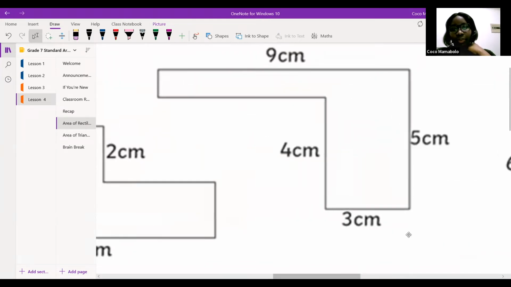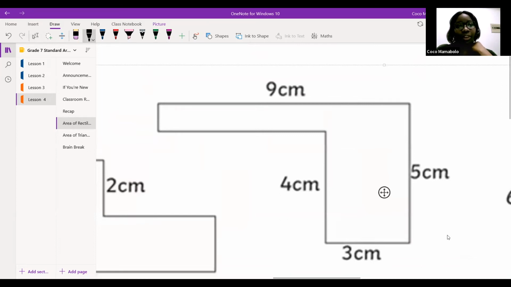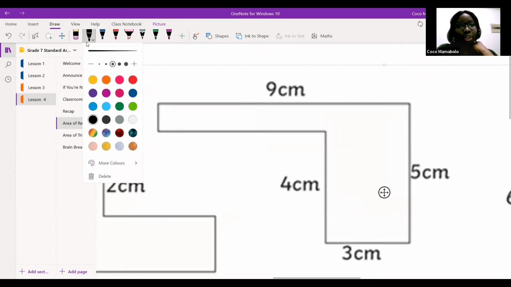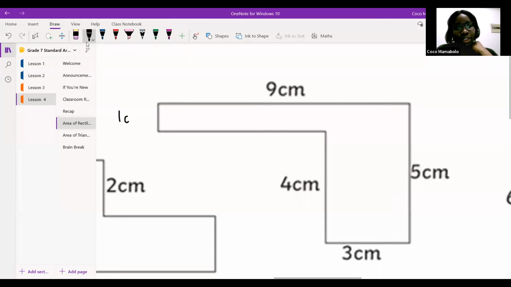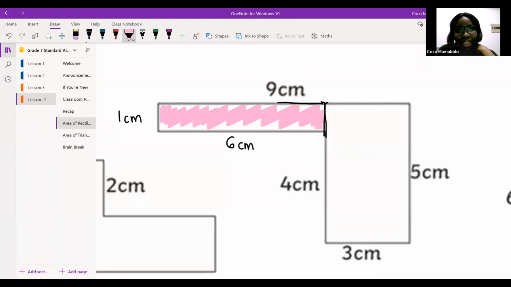So, Emi, here's what's going to happen. If I split this, remember, we already calculated that this side over here is 1 centimeter. And this side over here is 6 centimeters. Now, if I split my rectangles here, this rectangle cannot be 9 centimeters because 9 centimeters is from here all the way to there.